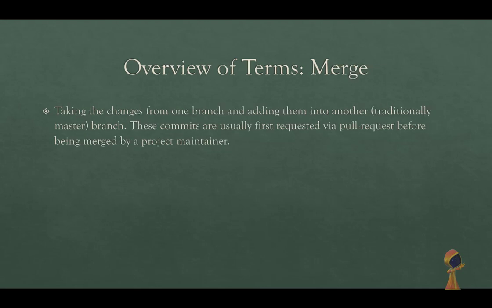Merge. So when you're taking changes from one branch and you want to add them to another, typically it's the master branch, but it could be some other branch, that is called a merge. These commits are usually after a pull request.